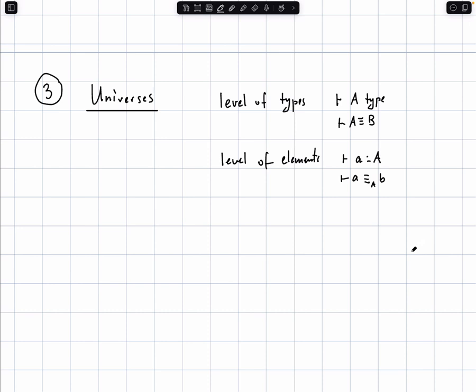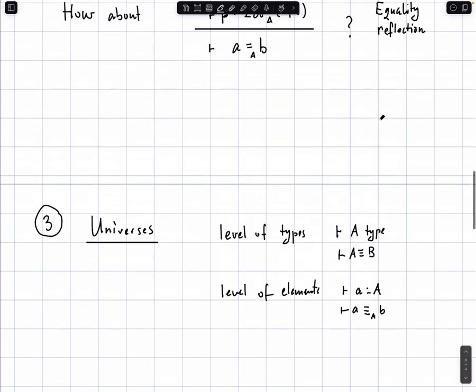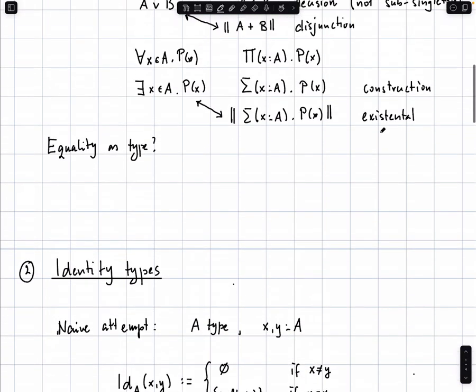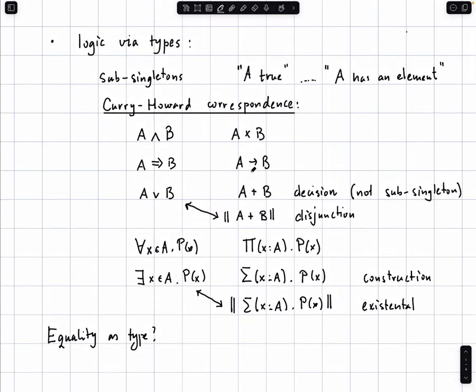But it's also quite natural to say, we are formalizing a theory of constructions, but some of the constructions are types. We also construct types. After all, these things here are just constructions of types.